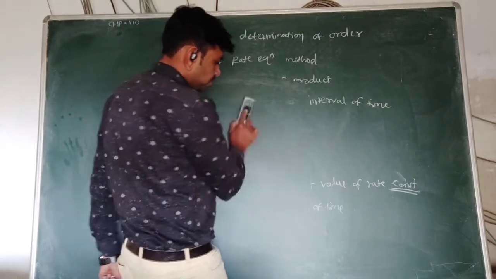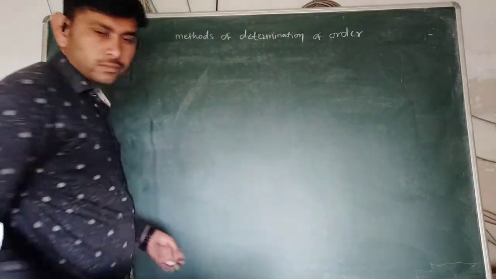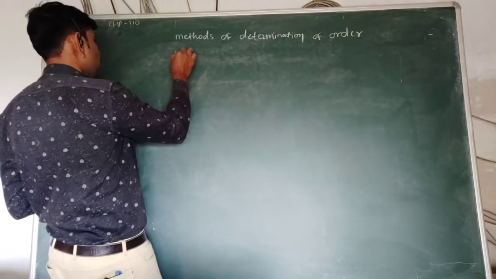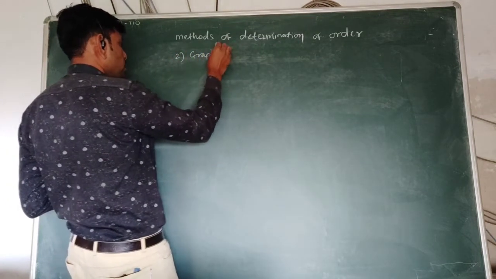The second method for determination of order of reaction is the graphical method.